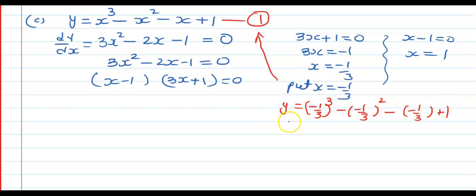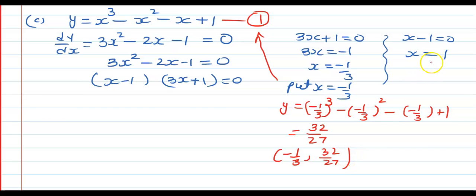If you put this value in a calculator, just let me know how much it is coming. 32 over 27. So it is coming 32 over 27. So first stationary point will be minus 1 over 3 and 32 over 27.